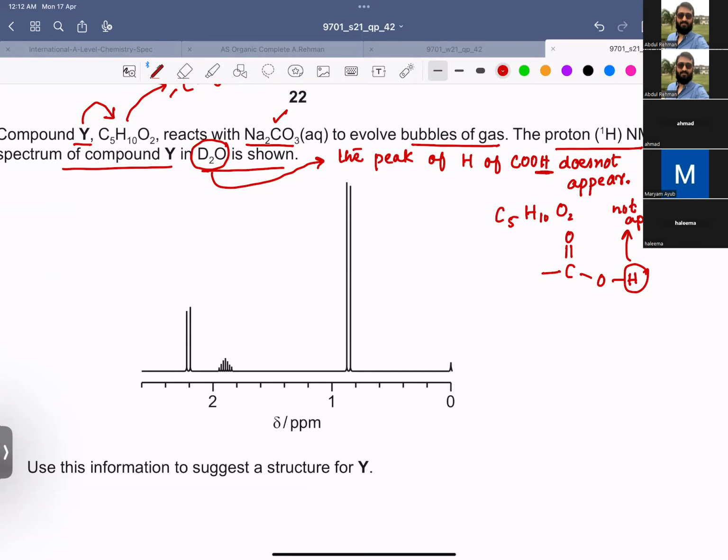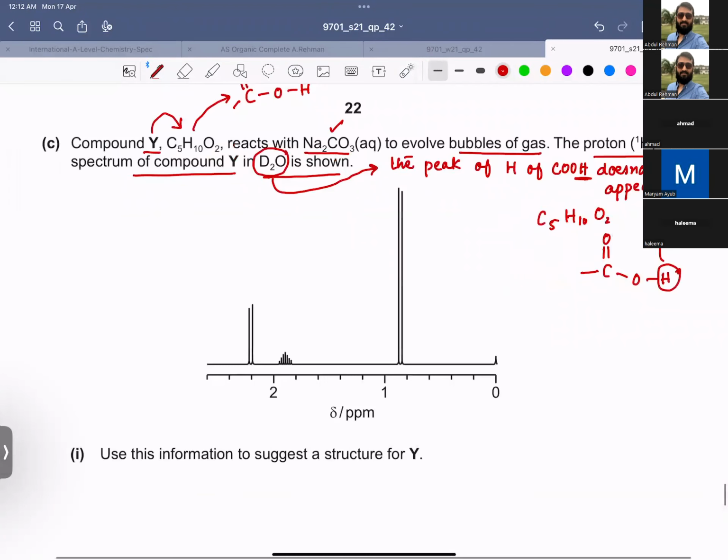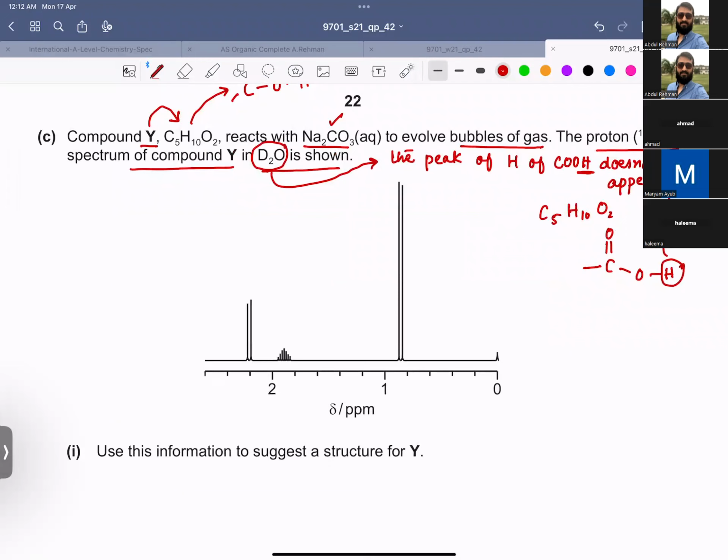Yes, sir. Now, it means here in the spectrum, the signals that are shown are for 9 protons only. Is this clear?